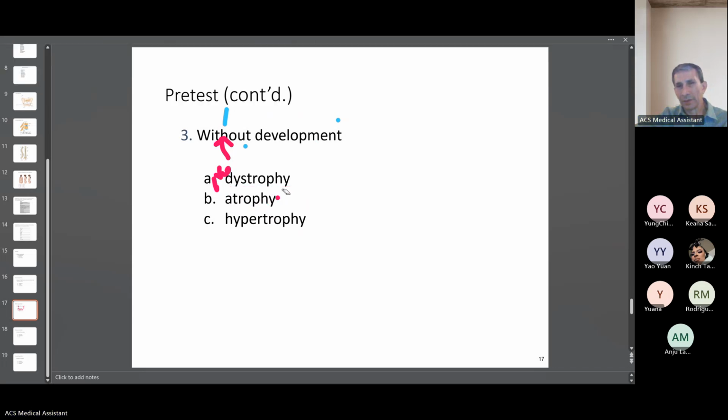So sometimes we have to answer the questions that we might think, or we kind of know that that is not it. If you see hyper, it doesn't mean without or no. This doesn't mean without or no. So I use the process of elimination to understand this. Now, do not worry because we are just learning all this.